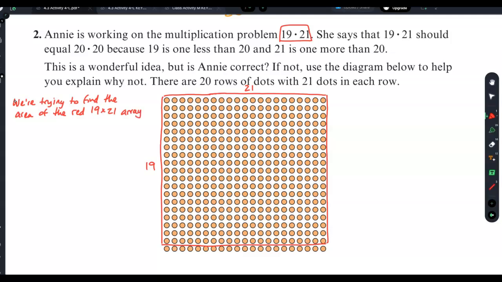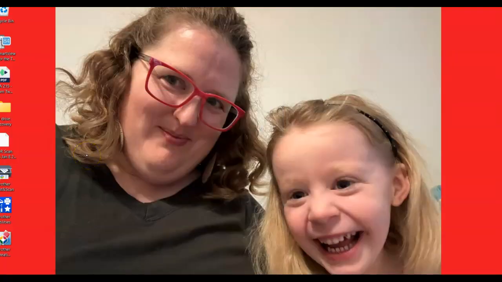And we can see from what we've outlined here, this includes all of the dots in the figure, except for the last row. That last row has 21 dots in it, all right? So except for the last row of 21 dots.